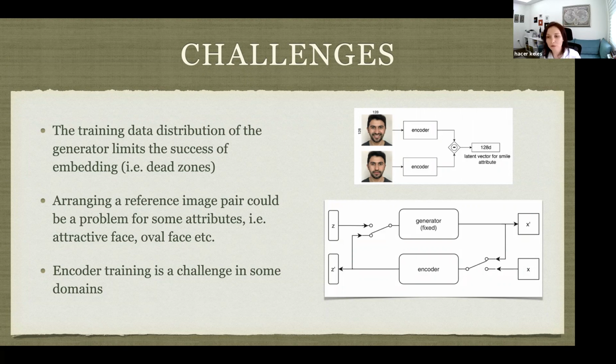For some of the attributes, it's hard to prepare reference images. Maybe this is one of the disadvantages of our method. For example, let's create a pair of images representing attractive faces or ugly faces. It's hard, right? How to do that? It's very subjective, and keeping the other features intact is difficult in some cases.